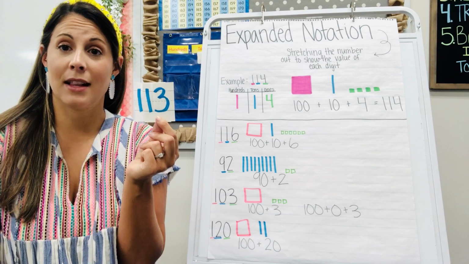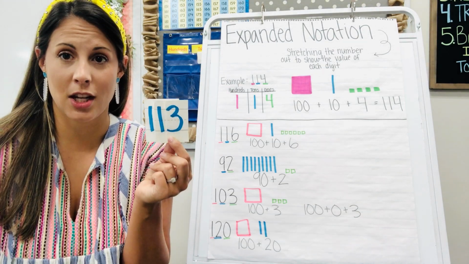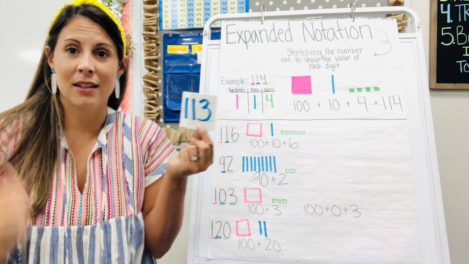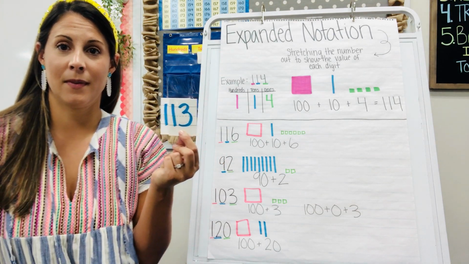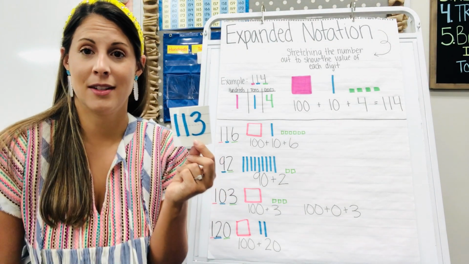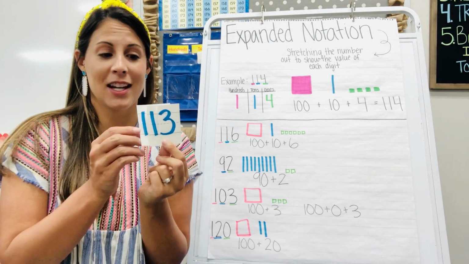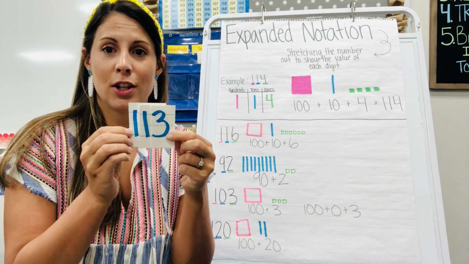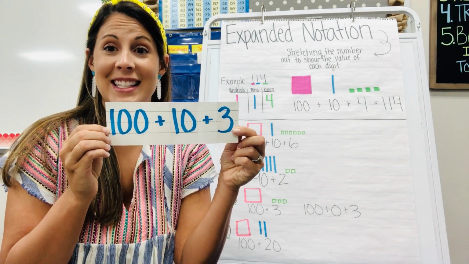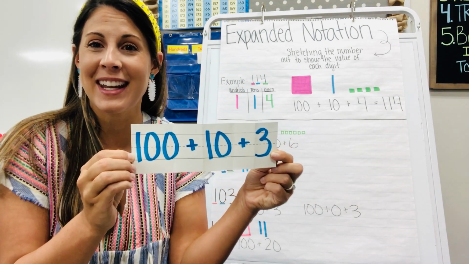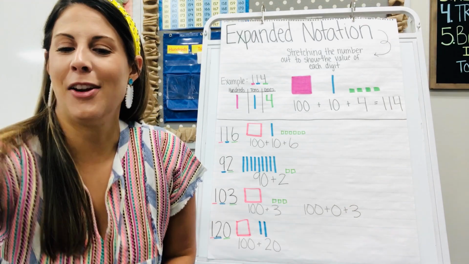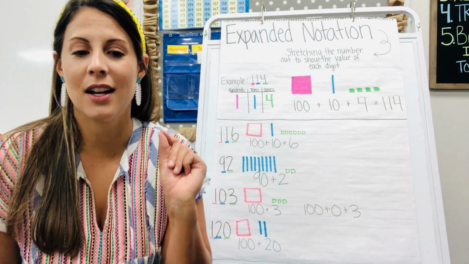Now, if I were to write this in expanded notation, stretching out the number, what would I write? Say it out loud. You ready to check? 113 is 100 plus 10 plus 3. Isn't that cool?